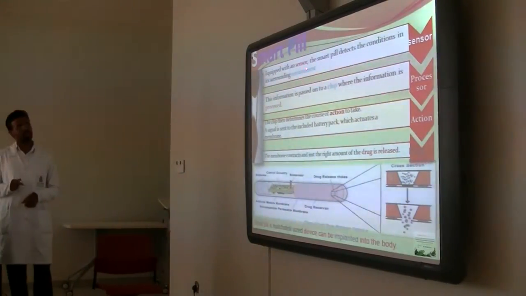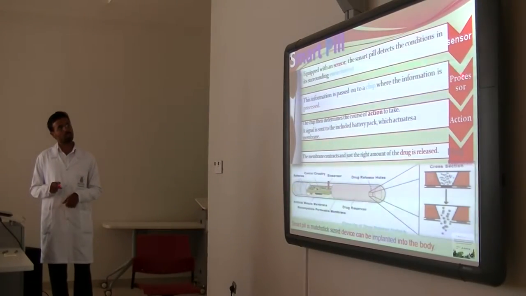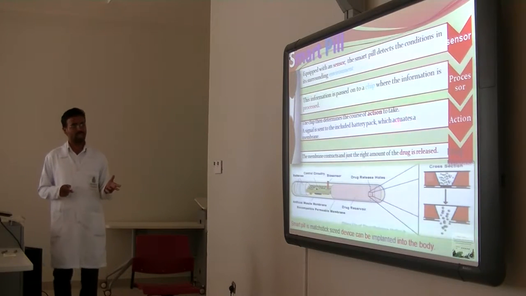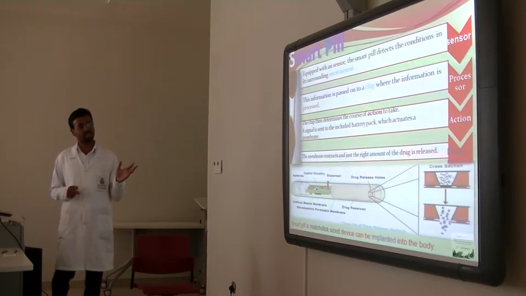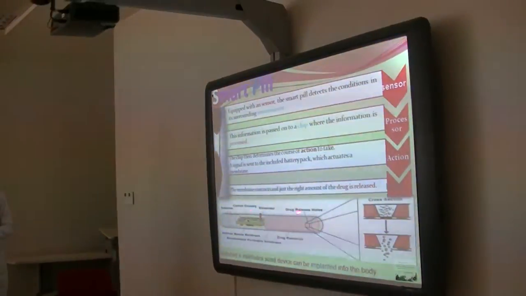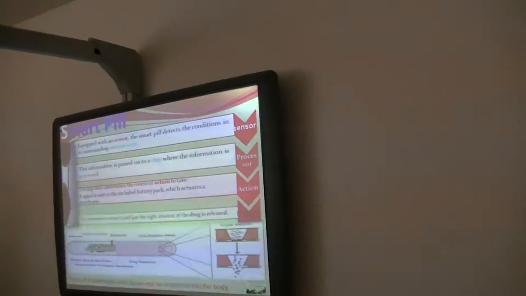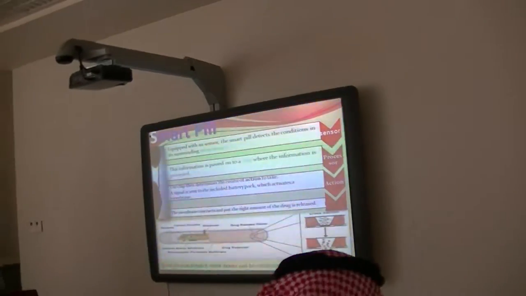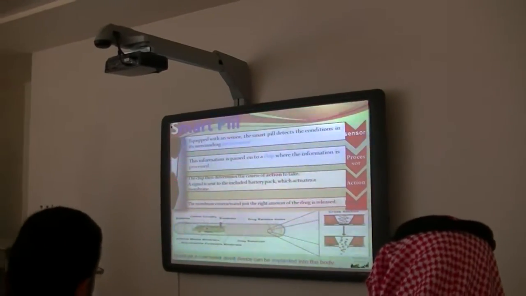The change in the environment gives the information to the processor. The processor will take the decision, and the decision will be in the form of action. That action will be the release of a drug depending upon those responses. So here is the assembly of that smart pill, how it will release the drug, and here is how it looks.